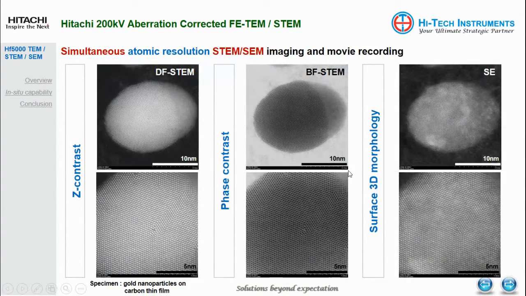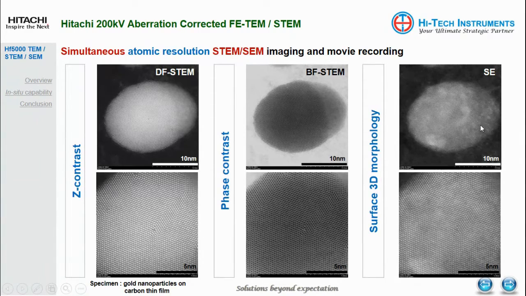And the simultaneous atomic resolution STEM SEM imaging and movie recording is available, especially when you want to see the activities of the catalyst reaction in the lab in gap setting. So dark field STEM shows the Z contrast, the material contrast. So the bright one is actually showing higher atomic number, and the bright field STEM itself is actually showing phase contrast. So it's all platinum, gold nanoparticles. Yeah, you can see the atom here.